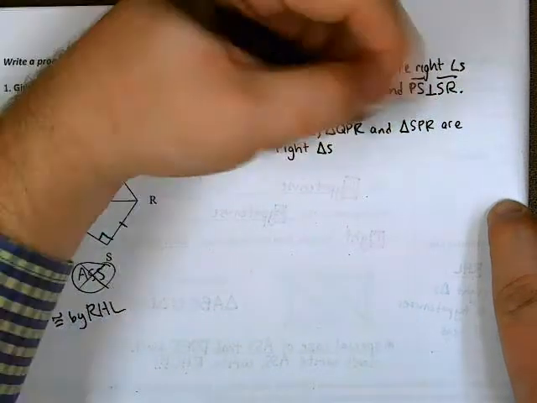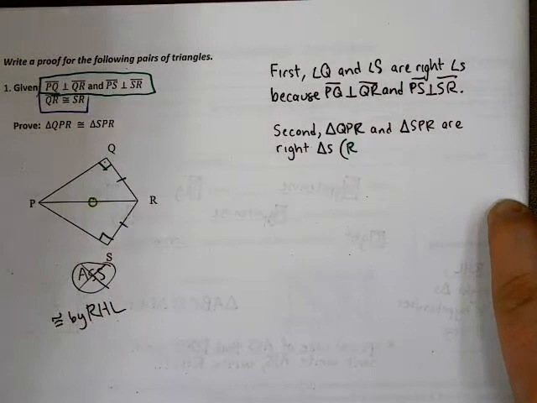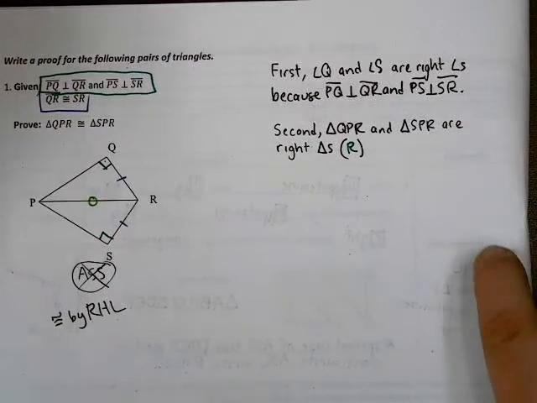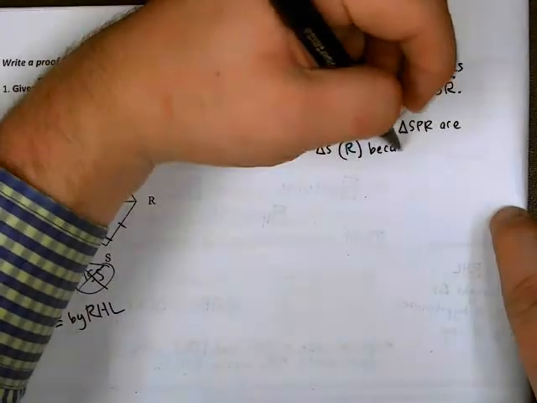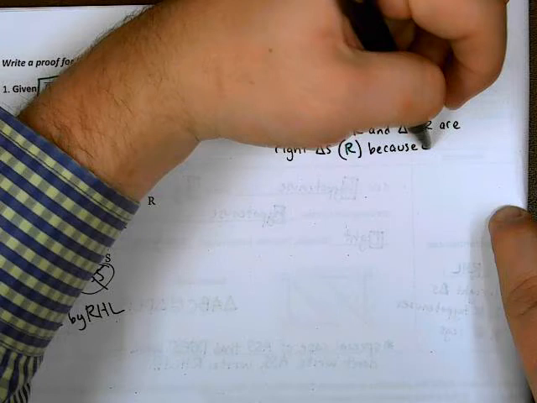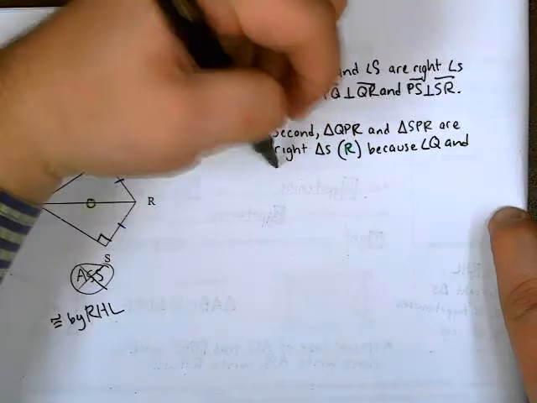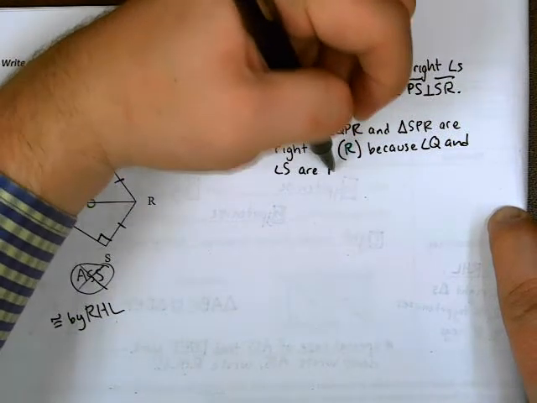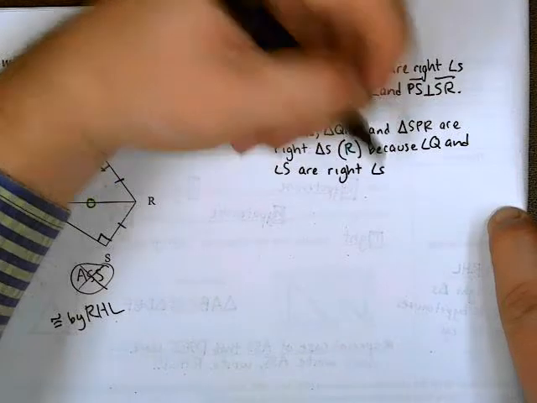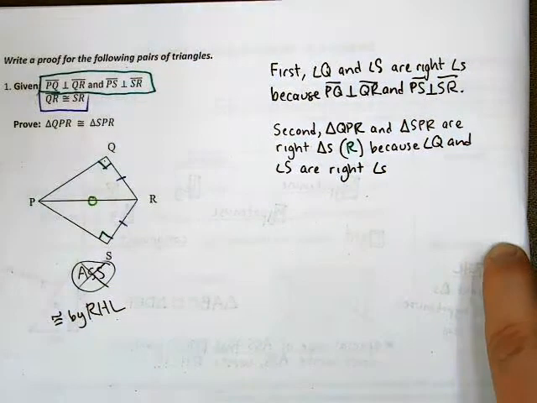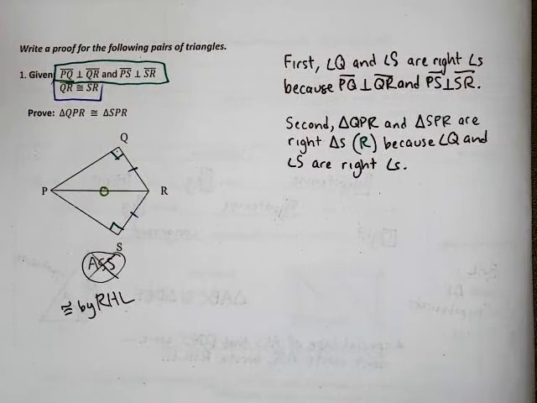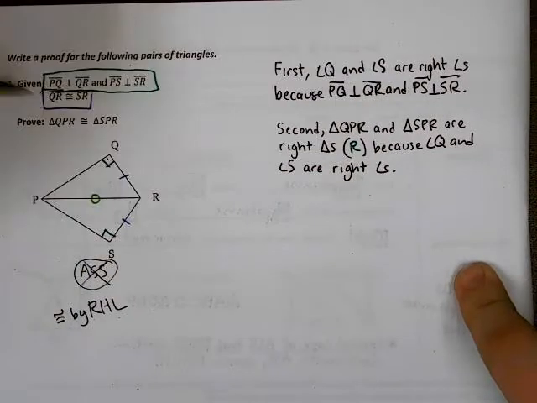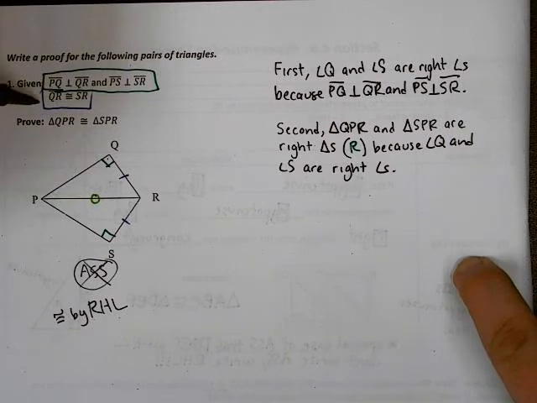We needed right triangles, so I can put in my R. Second, QPR and SPR are right triangles, and that's because angle Q and angle S are right angles. If a triangle has a right angle, then it has to be a right triangle. There's no choice but for that to happen. All right? Well, now we have our R. Now we can carry on and move on to our next given.